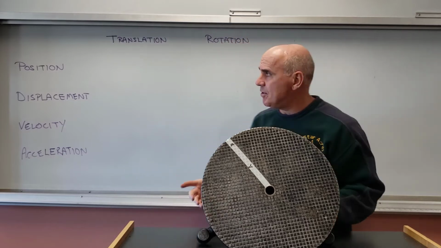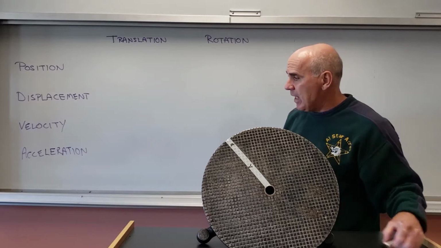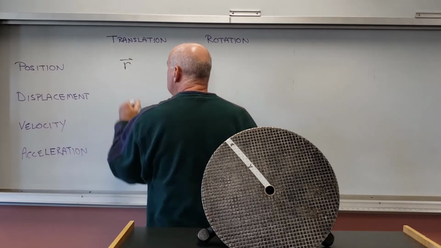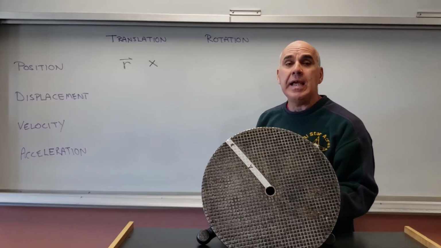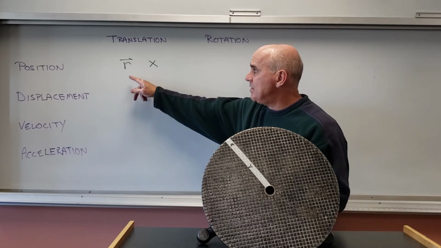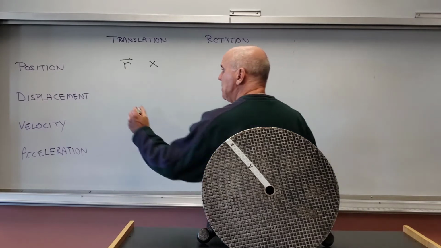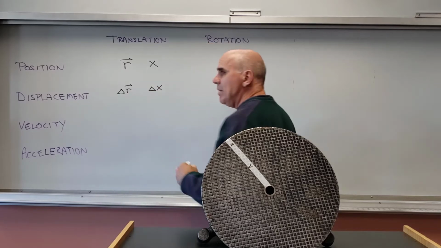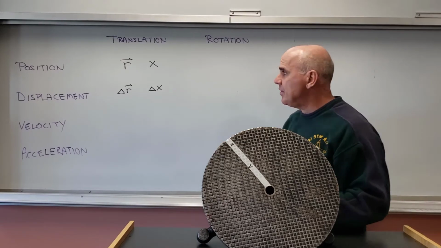And we use the same terminology. With translation, I talk about positions, and in the past I may have used an r for that in 3 dimensions, or just an x in 1 dimension. That was the translational position. r in 3 dimensions, x in 1 dimension, r also in 2 dimensions. The displacement would be delta r, a vector quantity, or if it's only 1 dimension, delta x, although it's positive or negative, depending on what you consider to be the positive direction.